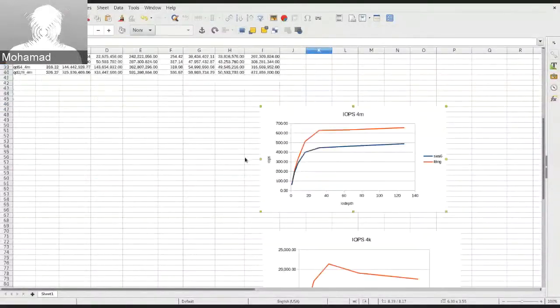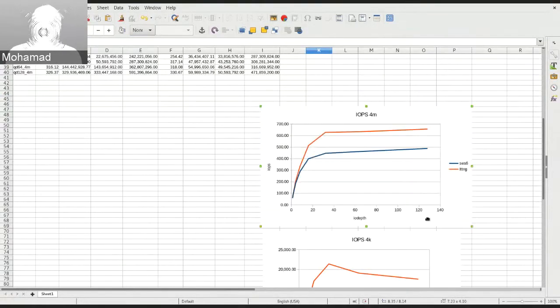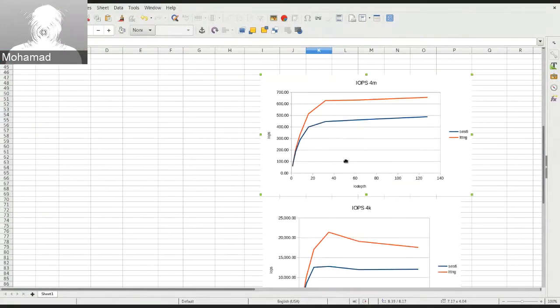I'm looking at IOPS and the latency. And for queue depth, basically, when IO depth increases, you can get a lot more IOPS with LTTng compared to the Ceph baseline. So it's really a major performance difference. It's about 20%.